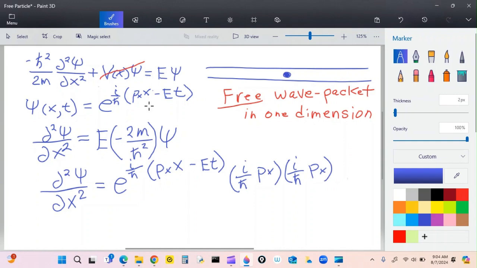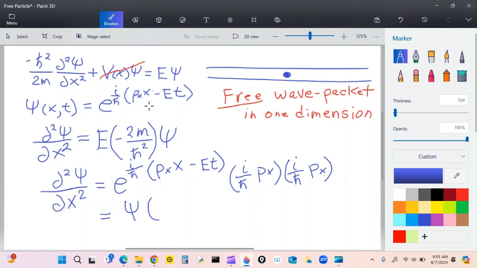To simplify this, I can just say that this is the psi function times i squared, which is -1.